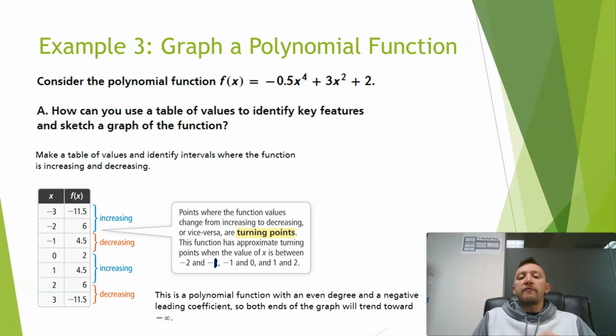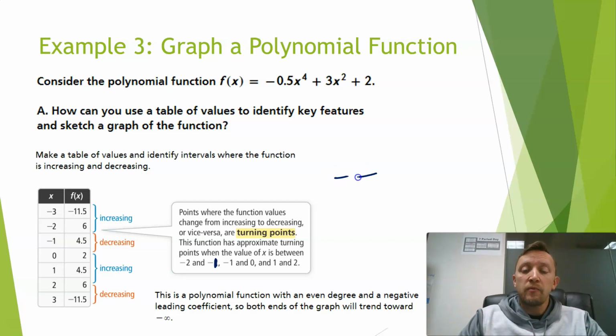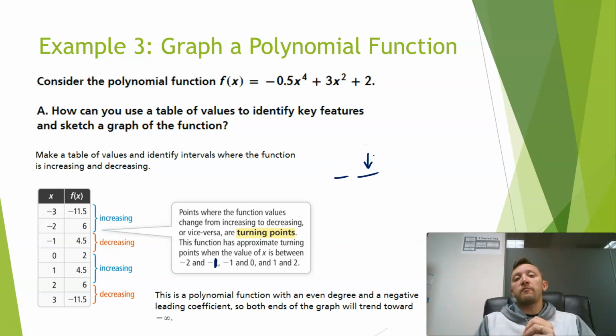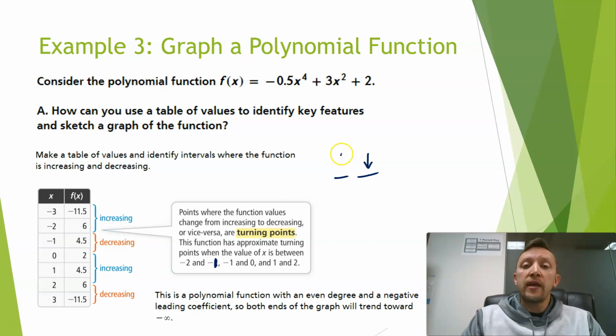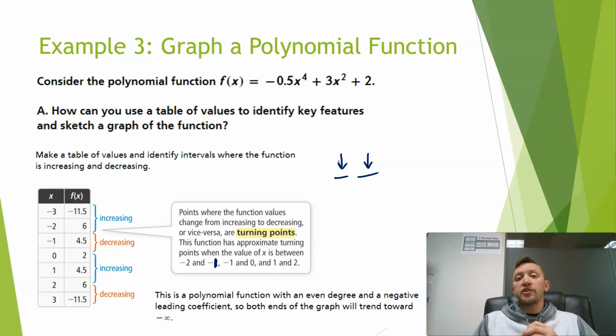But the other thing I want to identify is what we did in the previous video: we could see how this graph is going to look as far as its end behavior. We know that since our leading coefficient is negative, the right side of the graph is going to be going down. Okay, remember that from yesterday. We know that since the degree is 4, an even degree, both ends would be going the same direction.